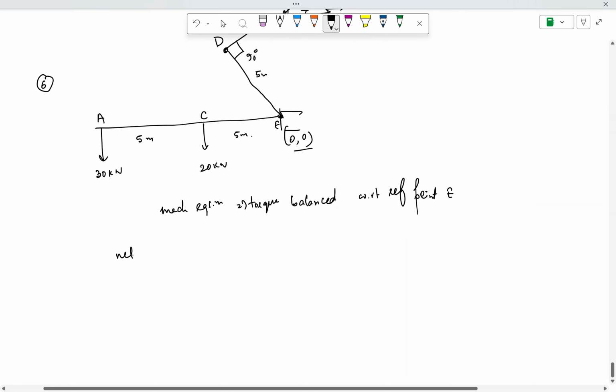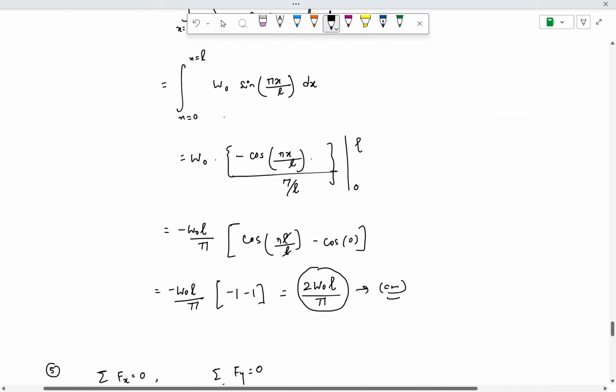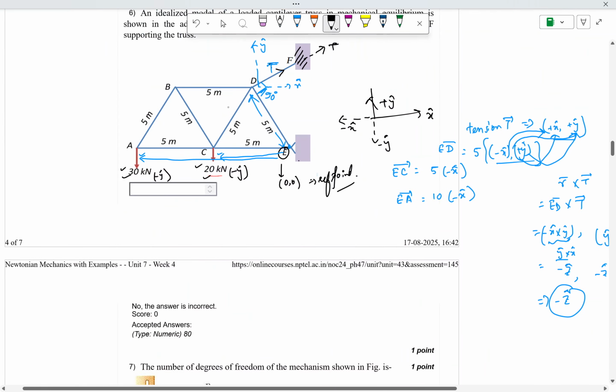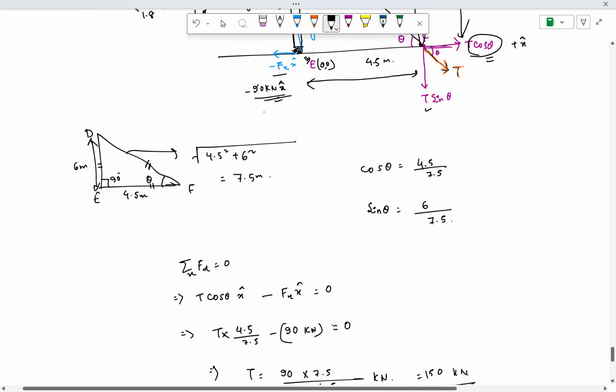Now the net torque with respect to E is basically from these two. So first, for the 20 kilonewton, check again whether the force values are correctly put or not. So 20 kilonewton is here and this is 30 kilonewton and this is 5 meter. So let's go back.